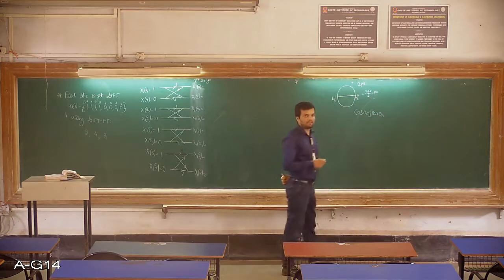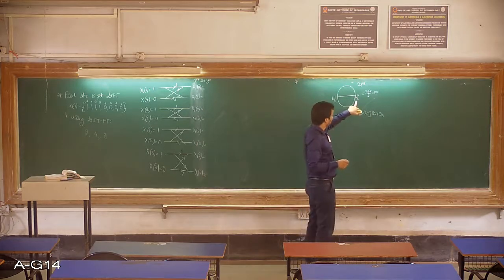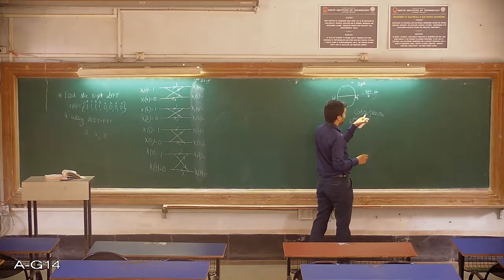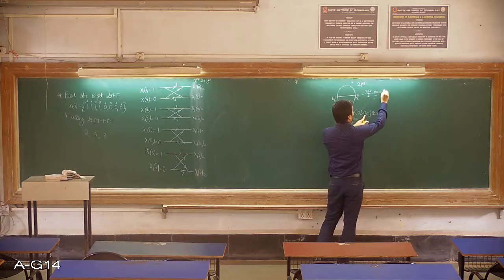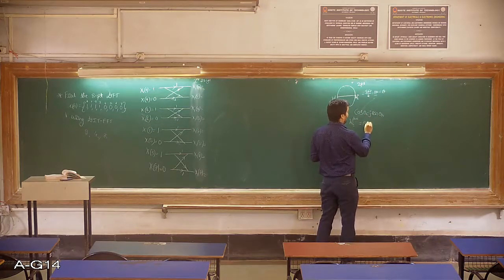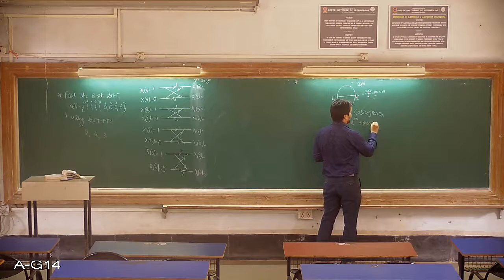So here W2 of 0, here the k value is 0, here the k value is 1. If I want to calculate W2 of 0, I will consider k equal to 0. So substitute here, the angle theta is 180 into 0. So we get cos 0 minus j sin 0.